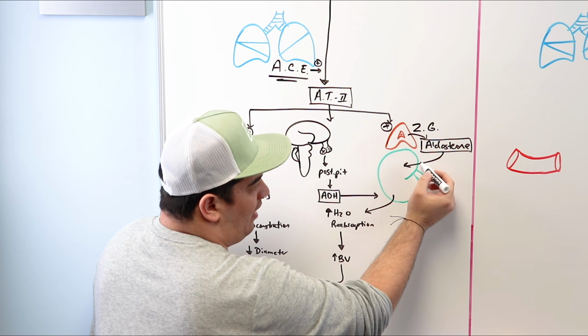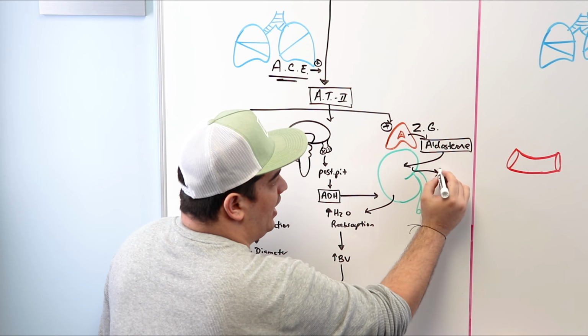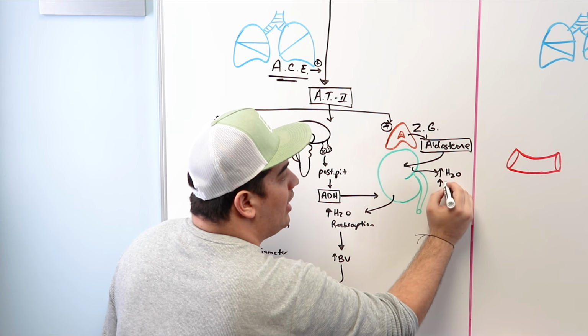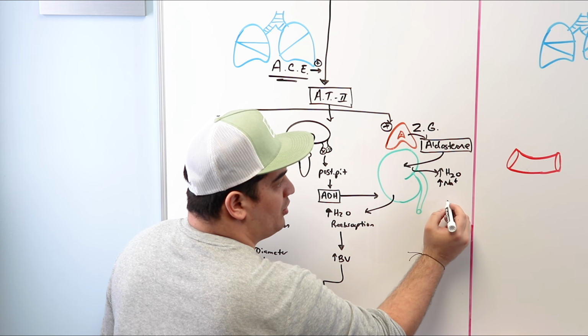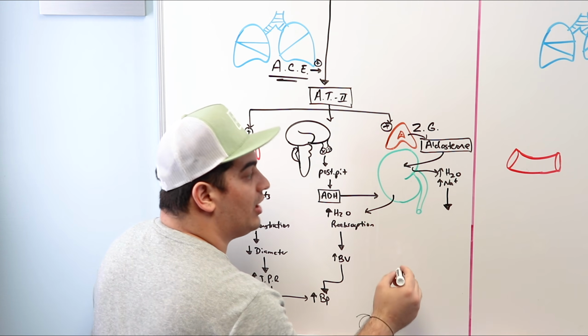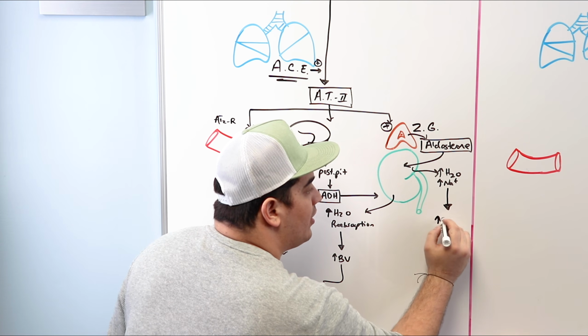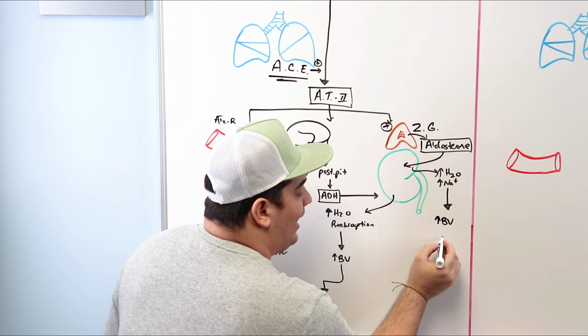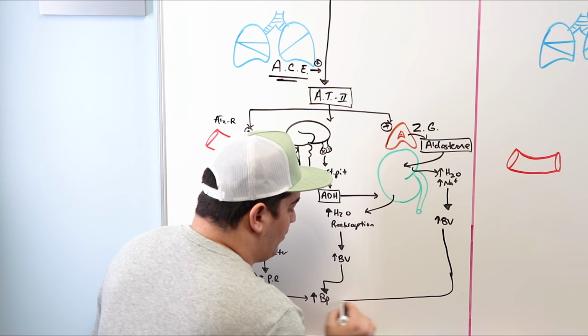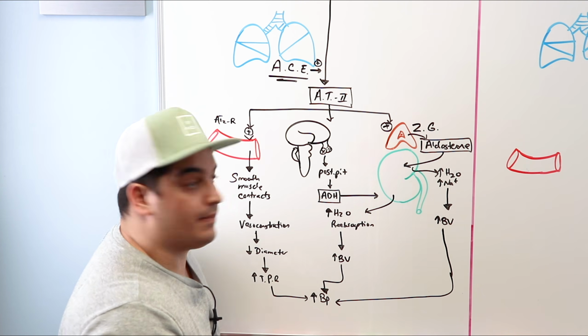Aldosterone works to increase water reabsorption, particularly by increasing sodium reabsorption. If you pull more sodium and water into the bloodstream, you increase your blood volume. And if you increase your blood volume, that is going to increase your blood pressure.